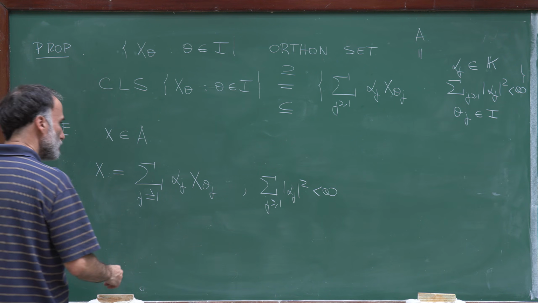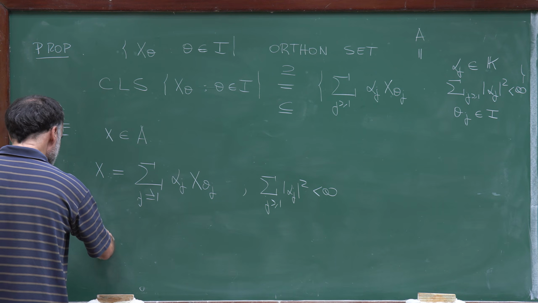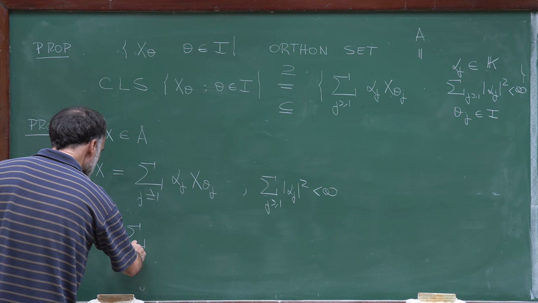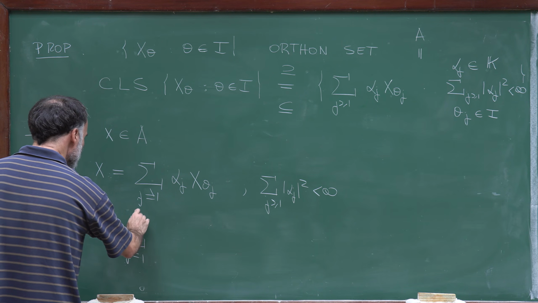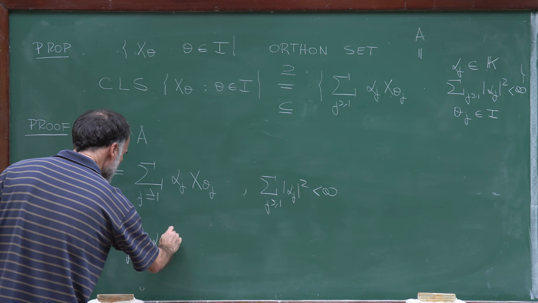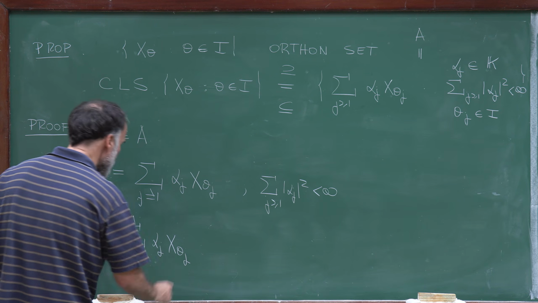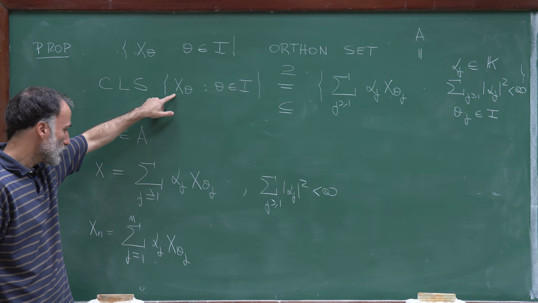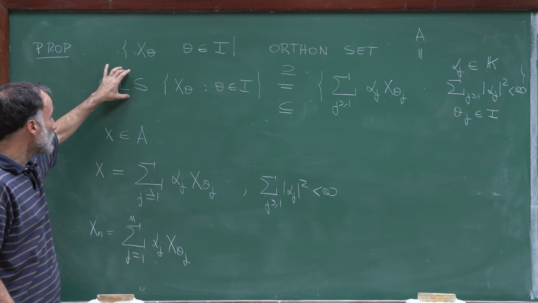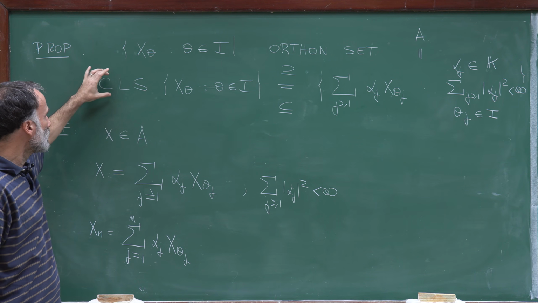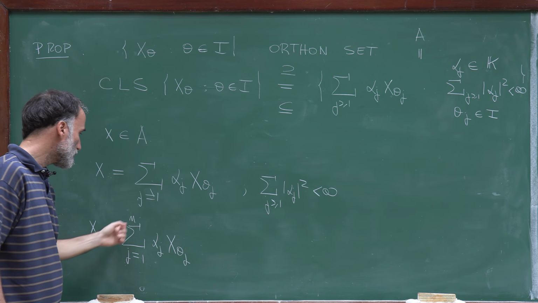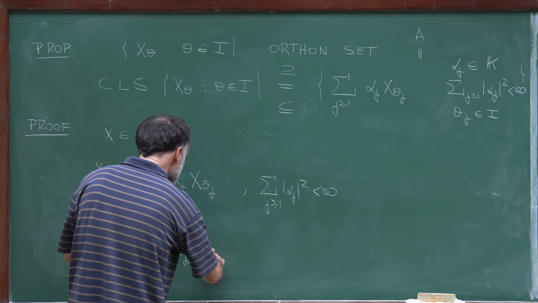Fine, but now let me call xn the sum from 1 to n of alpha j x theta j. So the x theta j belong to this set. This set is the smallest closed linear set which contains this. Well, since it's a linear set, it has to contain x.